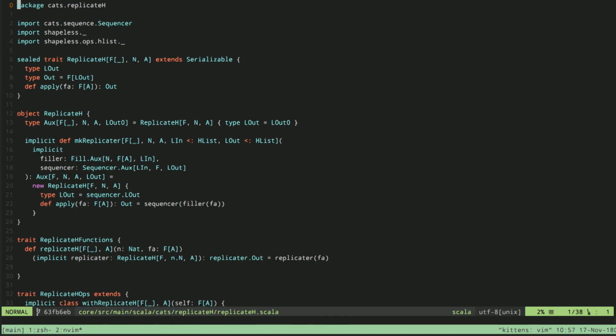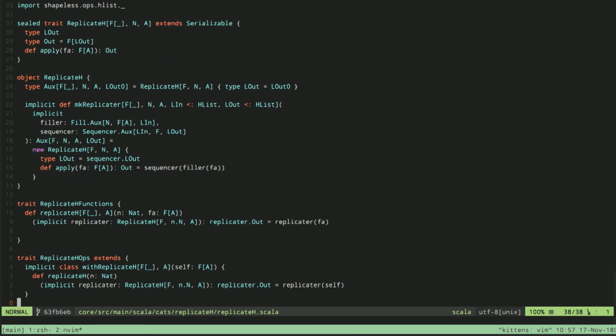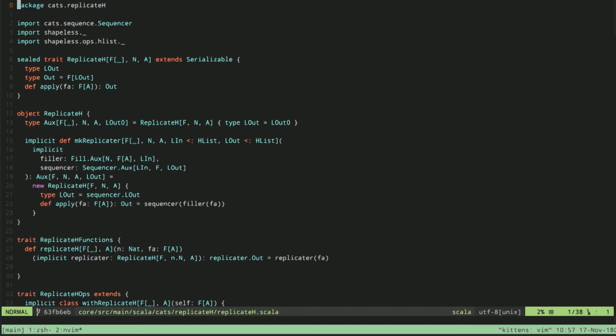Okay, so this is ReplicateH. The whole file is 38 lines long, which isn't trivial, but it's actually not terrible for something that's this general, and does this many different types of things. If you've used Shapeless before, you start to filter out a lot of this mentally as boilerplate. Here's my actual type class.